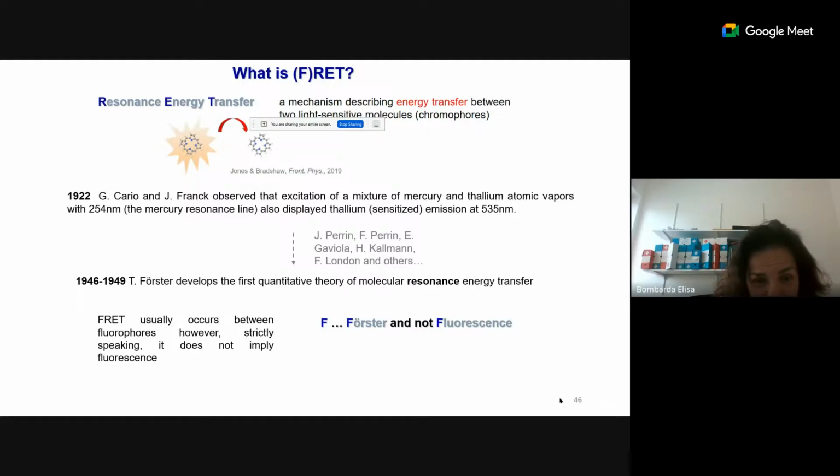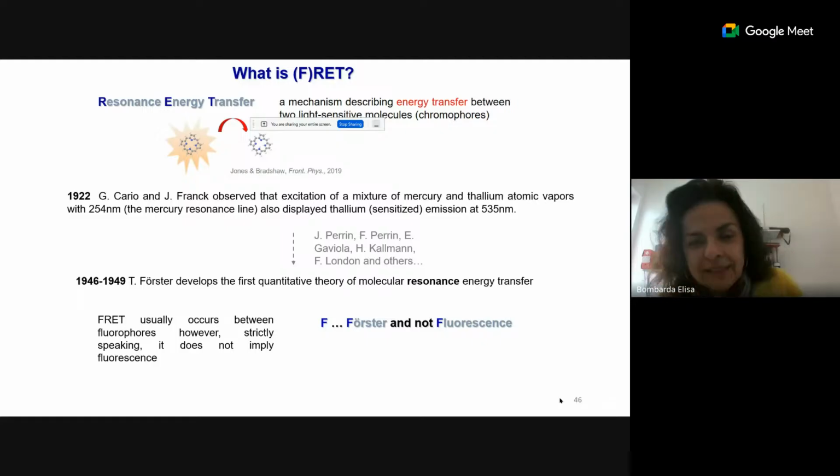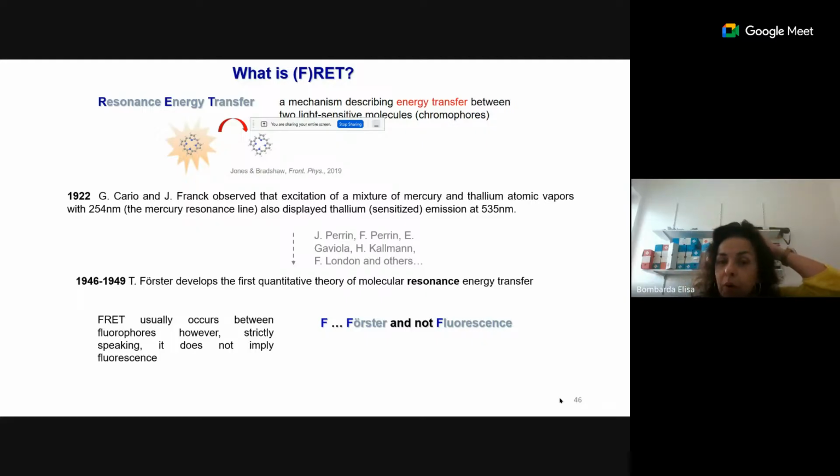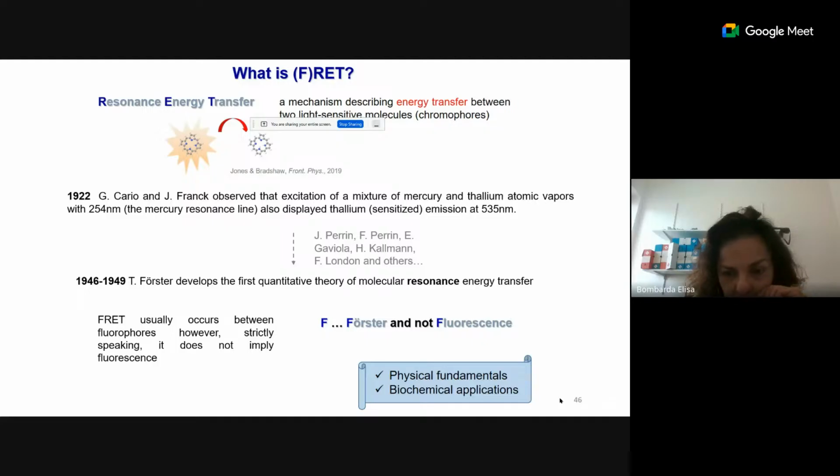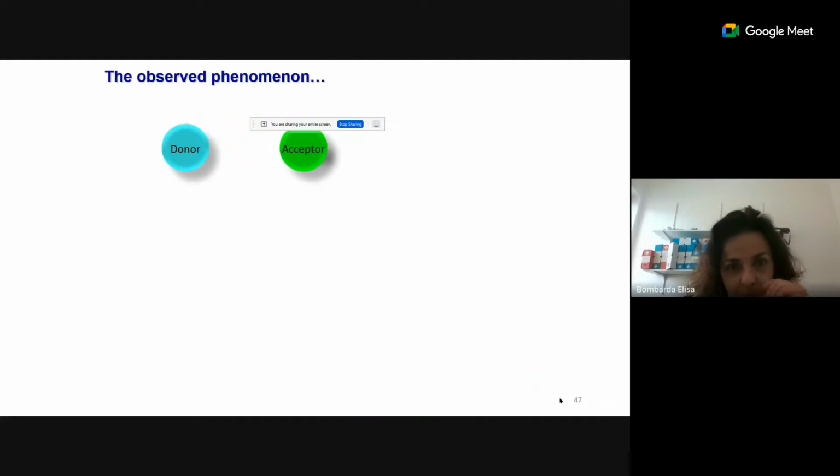More recently, it's more and more common to use F for Förster, since it really indicates the type of quantitative theory that needs to be used to analyze FRET. And so let's see why I say that fluorescence is not really involved. So, that's the observed phenomenon.